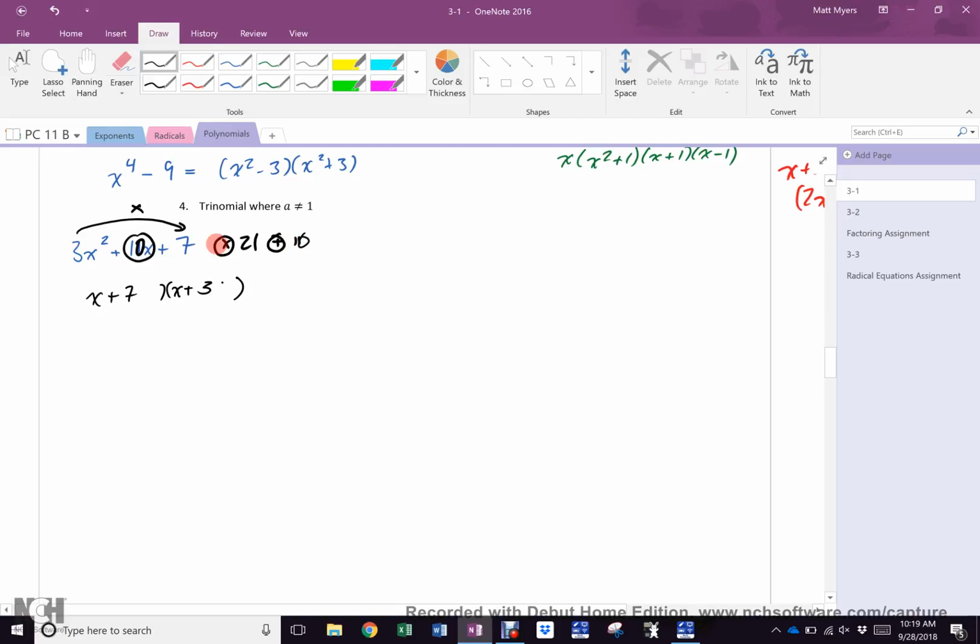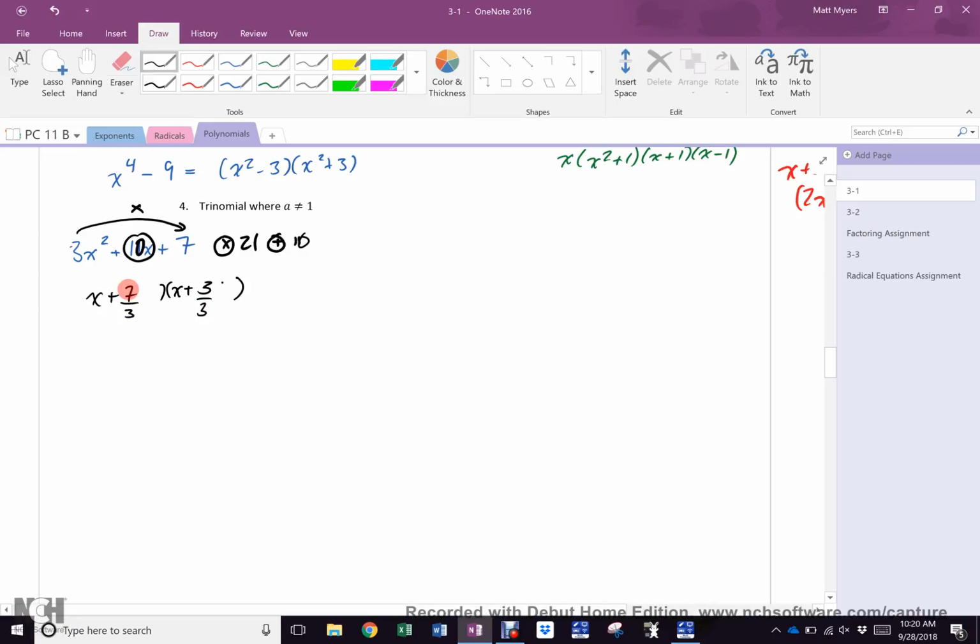Because the only reason I knew it was 7 and 3 was because I multiplied this by 3. When I'm factoring, I have to do some division somewhere, don't I? So the only reason I know that's 7 and 3 is because I multiplied by 3 at the beginning. So I better take that 3 out. Now, all you do now is simplify any fractions.